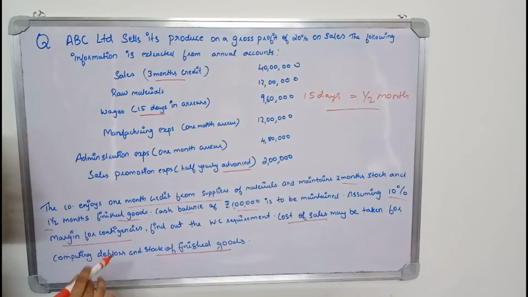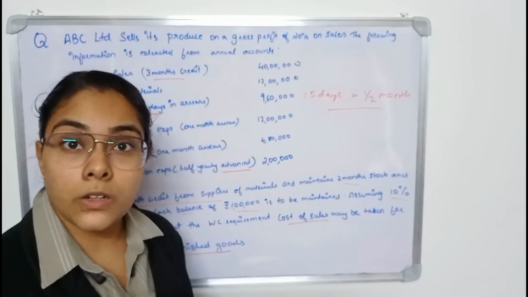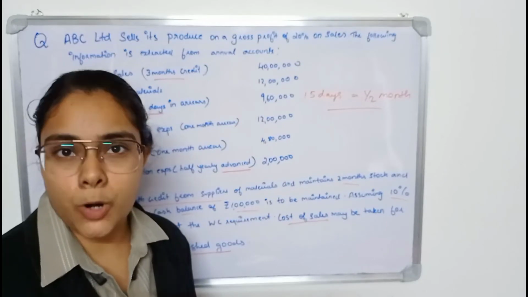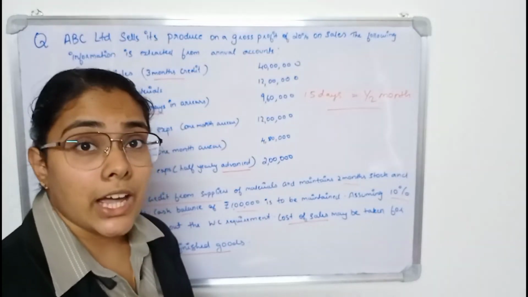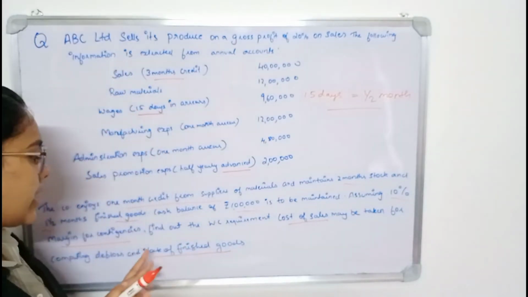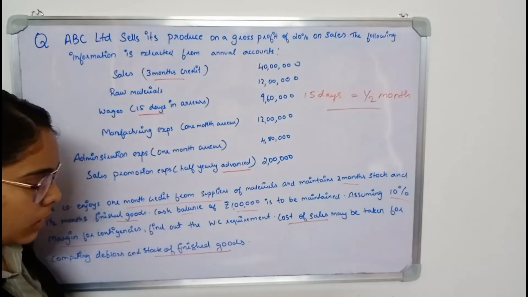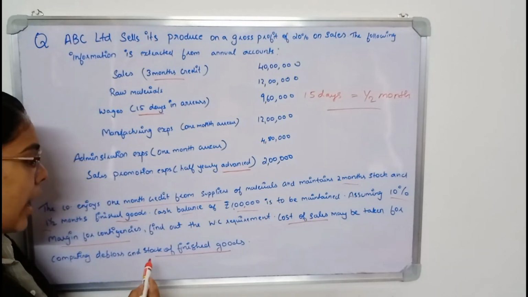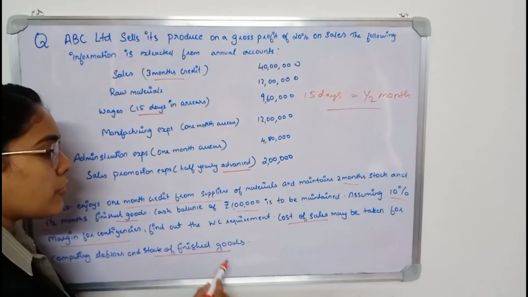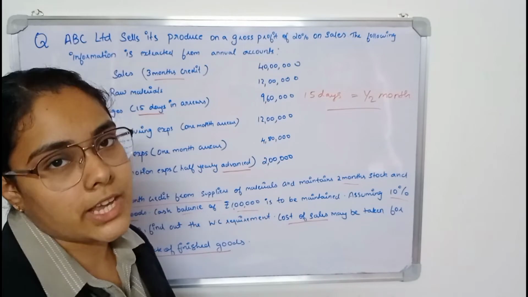You know that debtors calculation is made on total sales, we avoid the profit on it, unless otherwise specified in the question. Here there is a change. You have to calculate debtors on cost of sales or total cost, and along with that, you have to calculate the value of stock of finished goods also on cost of sales.